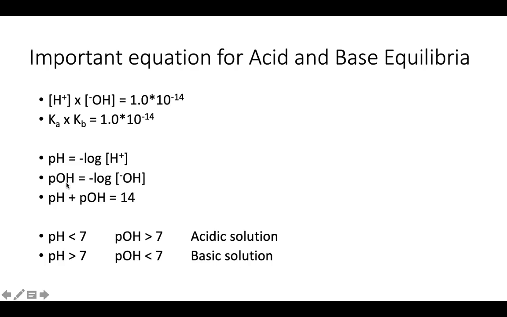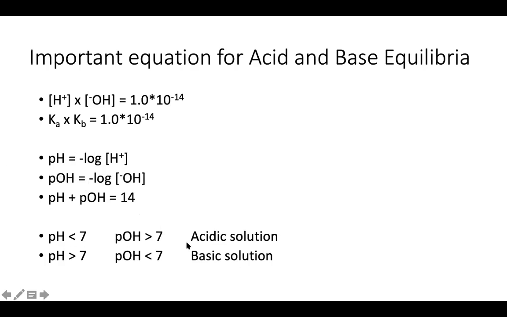Thinking about chapter 15, when we find our pKa, that means take the negative log of our Ka. So whenever you see that small p, it means take the negative log of. Okay, so that's how you find pH and pOH. And here is our last really, really important relationship. Whenever we add pH and pOH together, they'll equal 14.